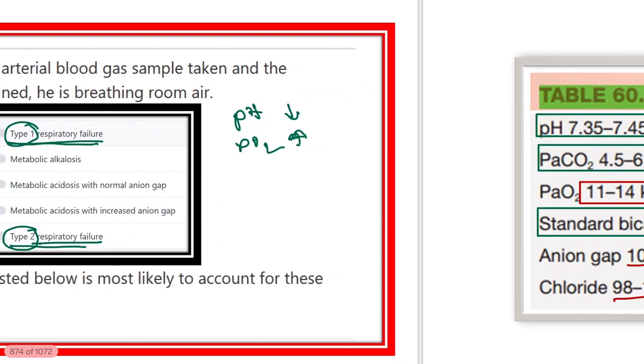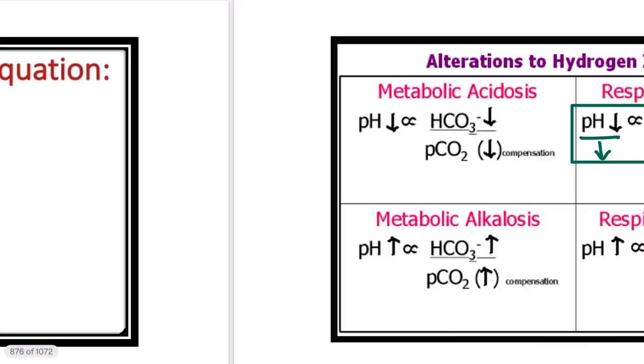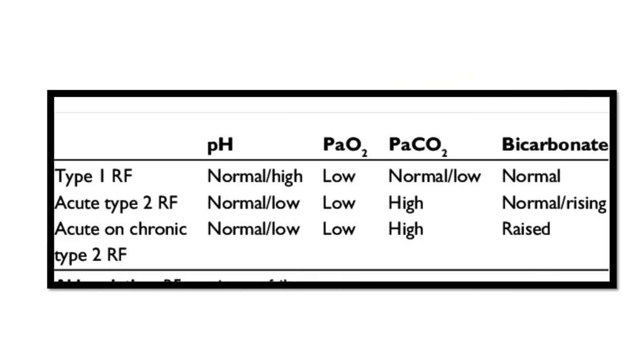In type 1 respiratory failure, the partial pressure of oxygen is low, and the partial pressure of carbon dioxide is usually normal or low. In type 2 respiratory failure, the partial pressure of oxygen is reduced and the partial pressure of carbon dioxide is high.